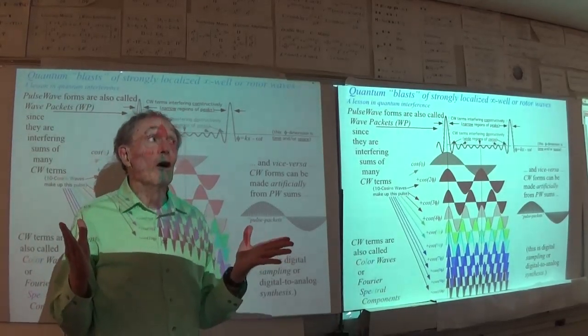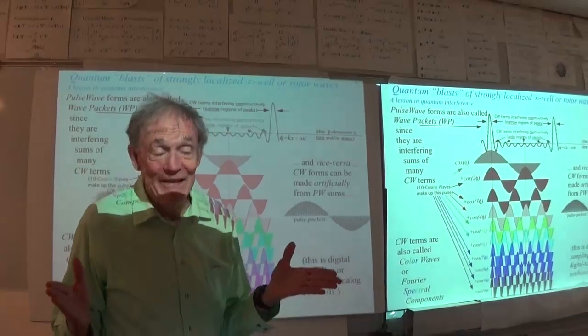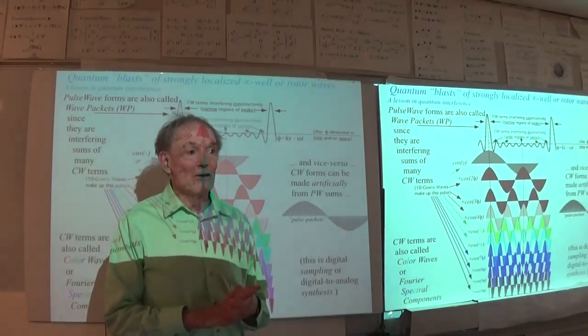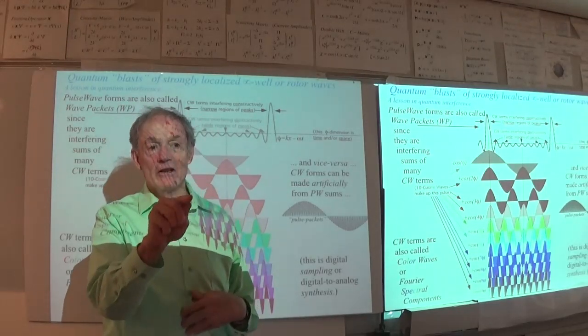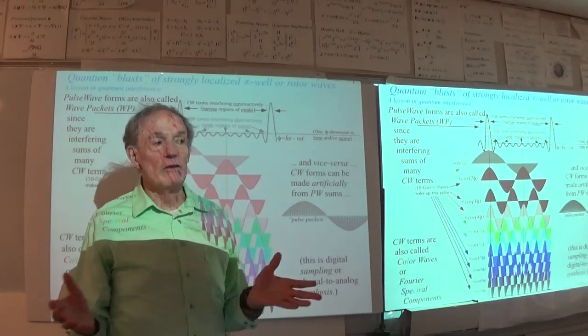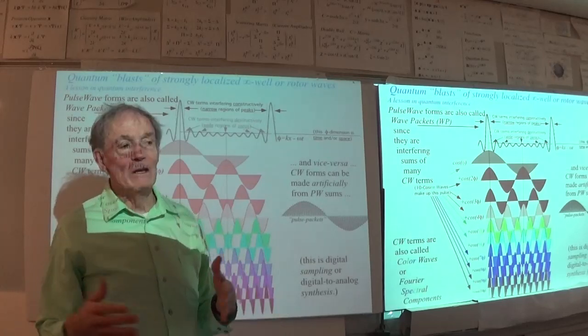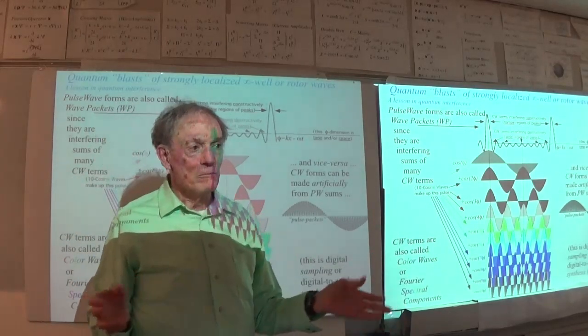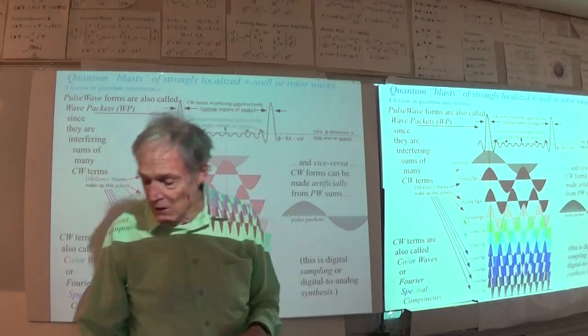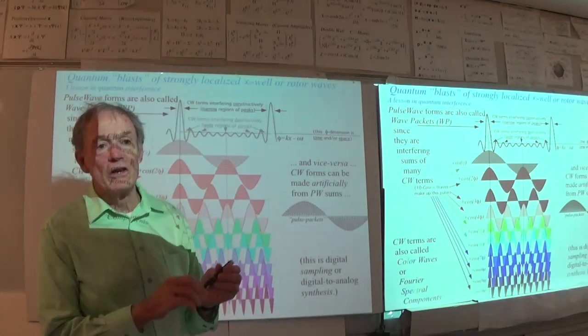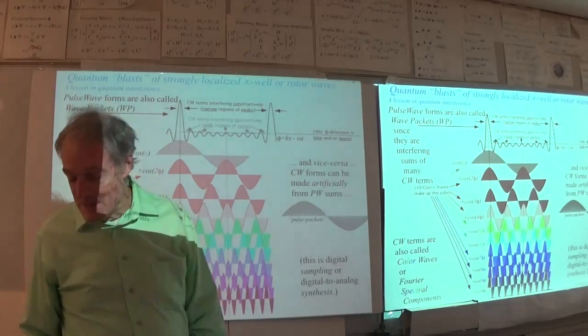I make jokes about this. Or colored wave, okay? CW can stand for a lot of different things, but the actual jargon is continuous wave. When they say you have a CW laser, they mean a continuous wave, which is all we usually have, right? You turn on a helium neon or one of these laser pointers, that's a CW.